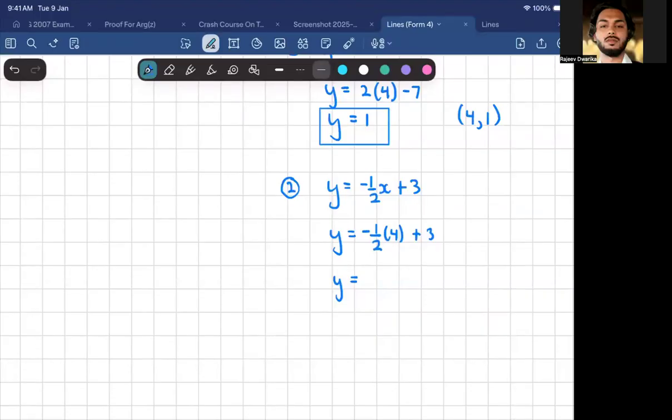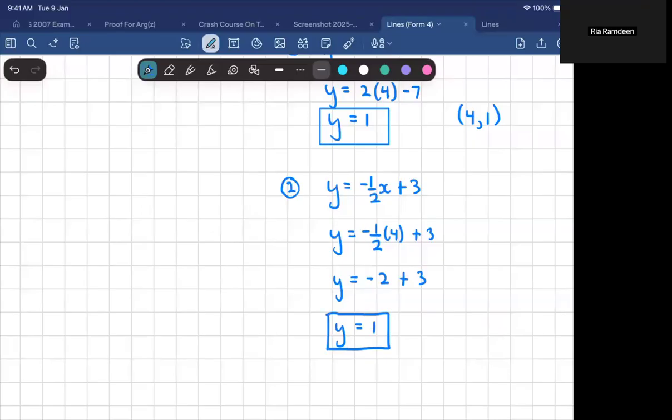A negative by a positive is a negative. Then work out a half of 4, which is 2. So it's negative 2. So we end up with negative 2 plus 3. What's negative 2 plus 3? A way to read this is, take away 2 from 3. It's positive 1. You get the same answer, right?